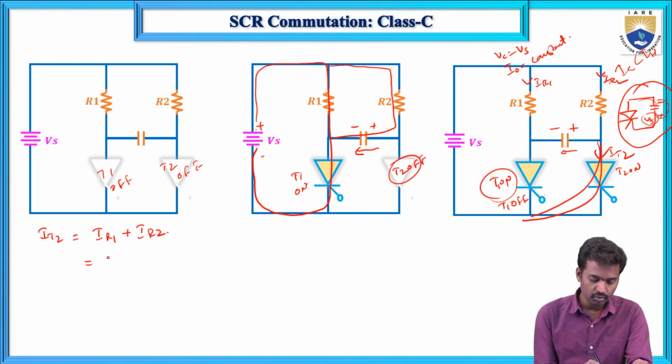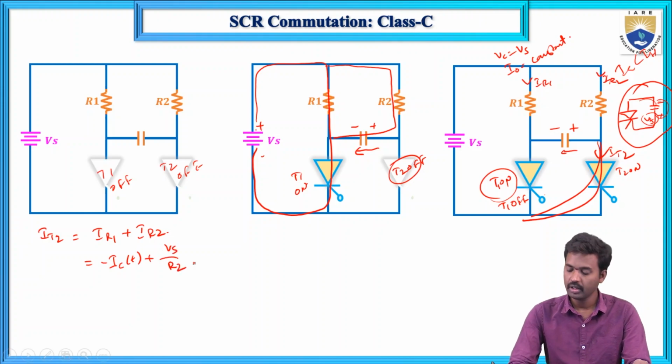So IR1 equals minus IC(t), plus Vs by R2.